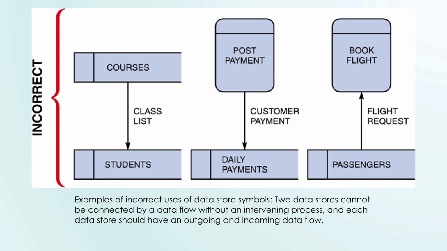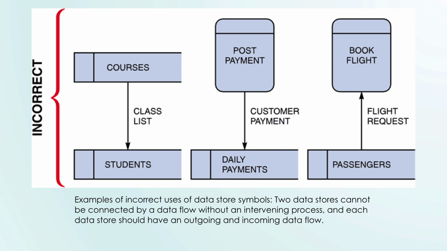And for the second and the third examples, post-payment and book flight, both of the examples lack either an outgoing or incoming data flow, meaning that the data is not sufficient to be stored in the data store.